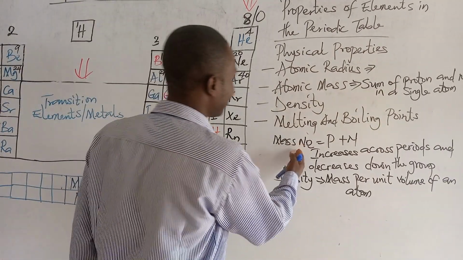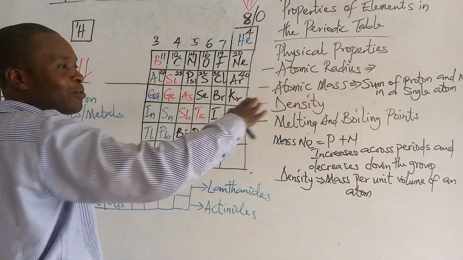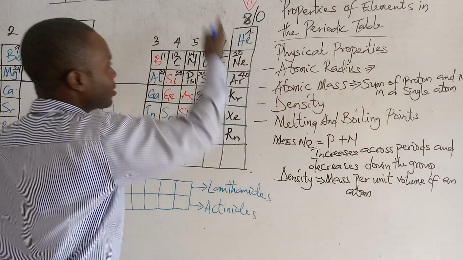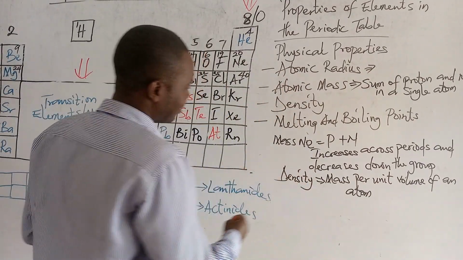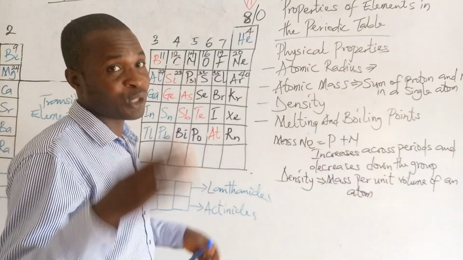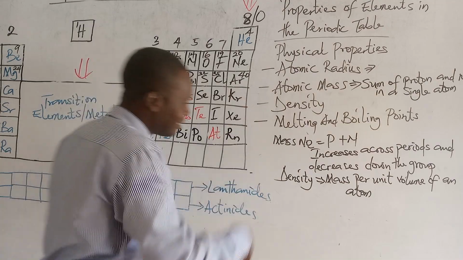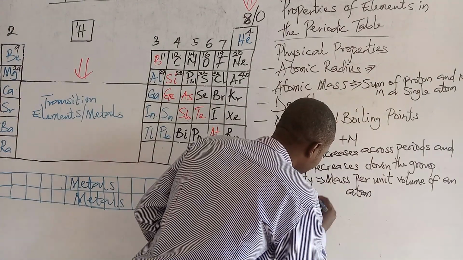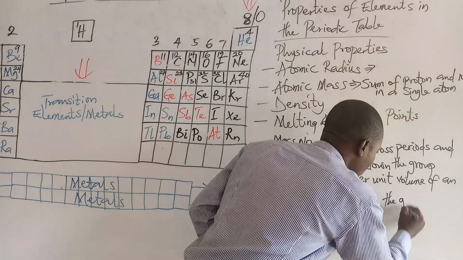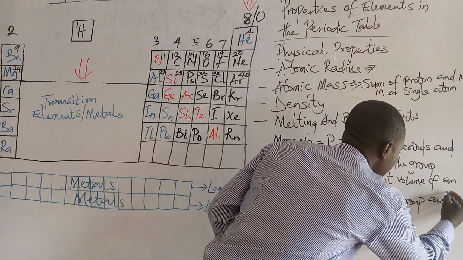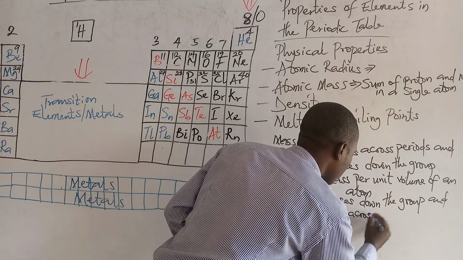Just as we said, the mass number increases across period as you go across. The language is that across period and down the group. So density varies across group and period, but generally it increases down the group and decreases across the period.